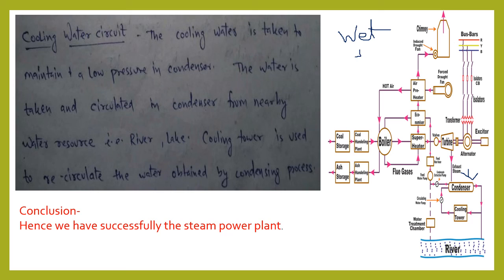So wet steam has water and steam. So these two are converted into totally water by cooling. So we are having one water when wet steam and another is simply water at low temperature. So the above one is hot, the lower one is cooled or cold.